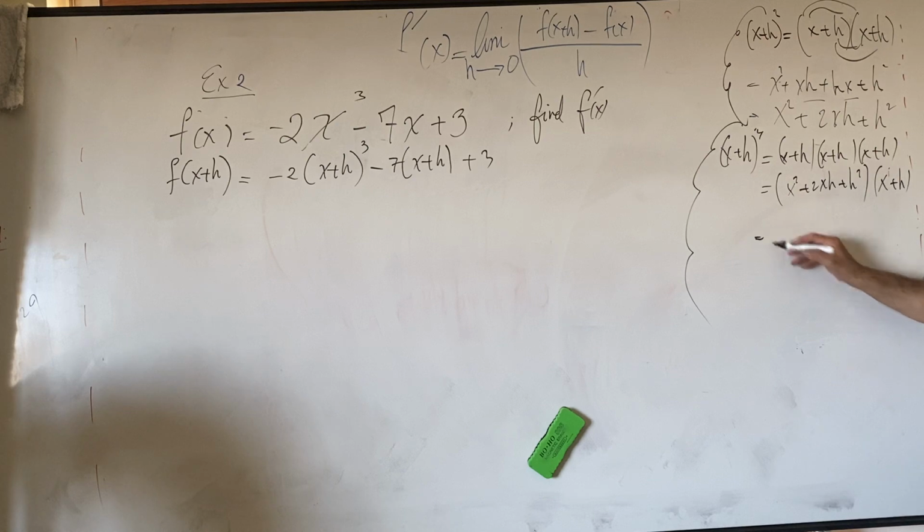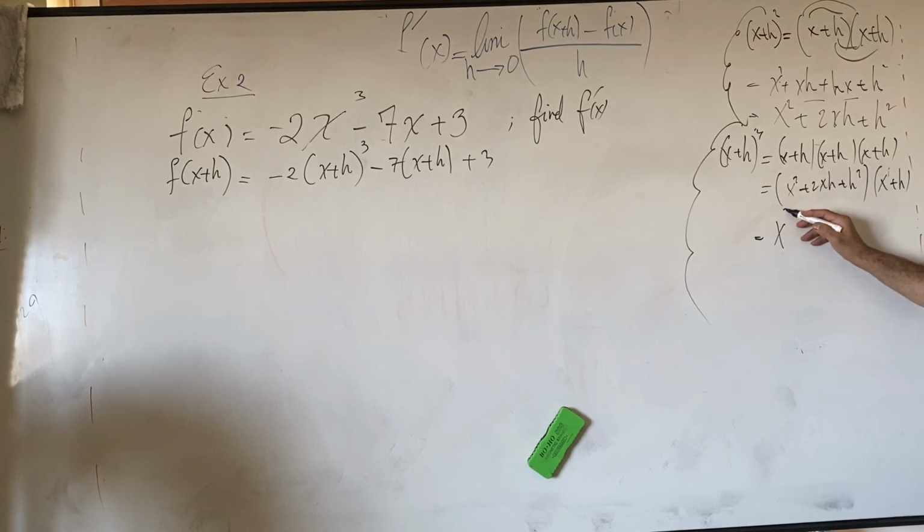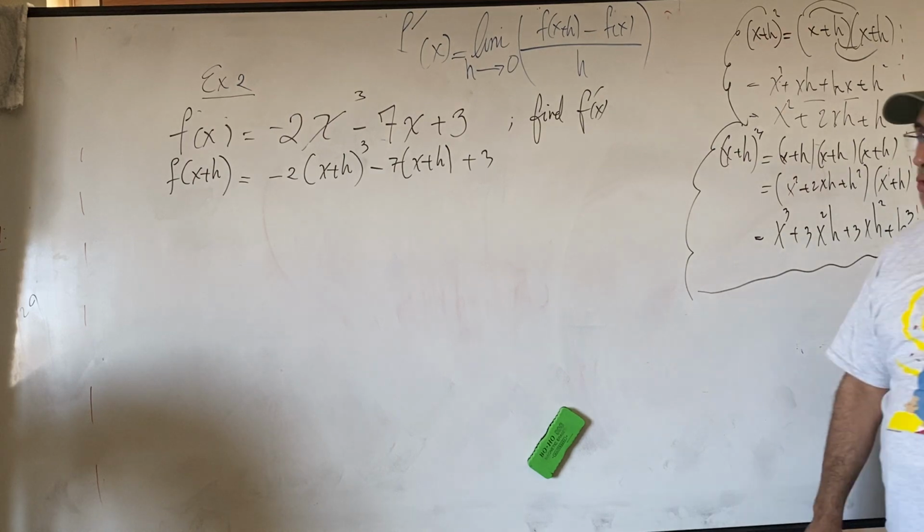Otherwise, there's a nice rule. Cube the first, plus 3 times the square of the first by the second, plus 3 times the first by the square of the second, and then cube the last. I don't mind you memorize it because it's easy when you practice. You will not forget it.